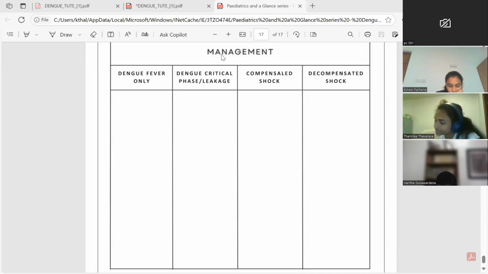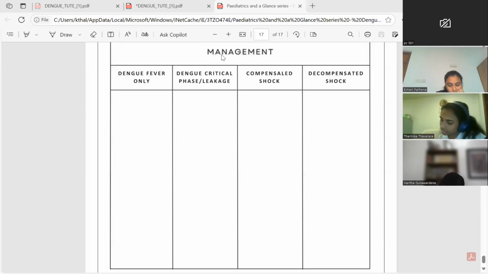Compensated dengue shock. What is the first step? Normal saline, 10 ml per kg over 1 hour. Second step, normal saline, 10 ml per kg over 1 hour. Third step, if no response, dextran 40, 10 ml per kg over 1 hour. හරි පුතා ඊළඟ එක මොකද්ද?